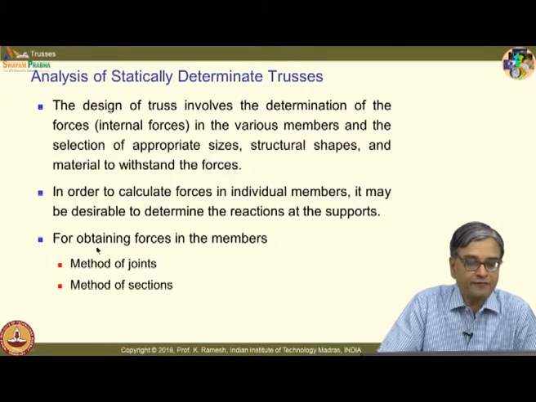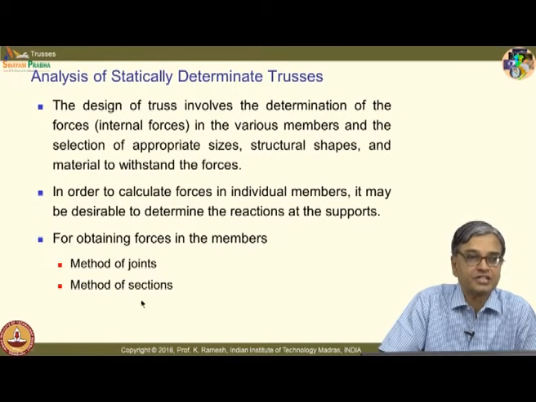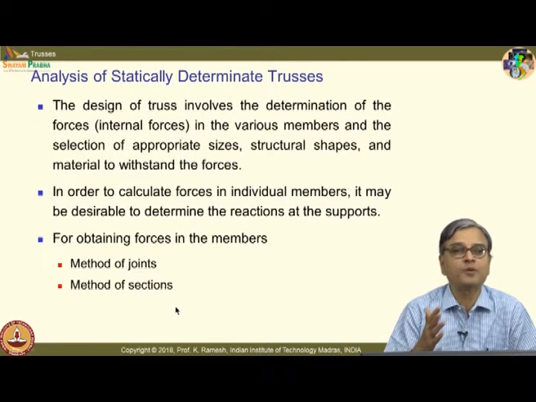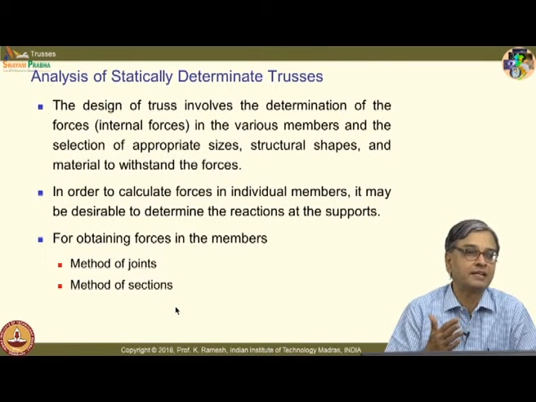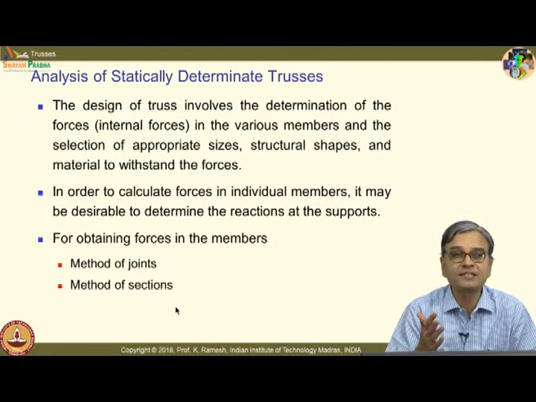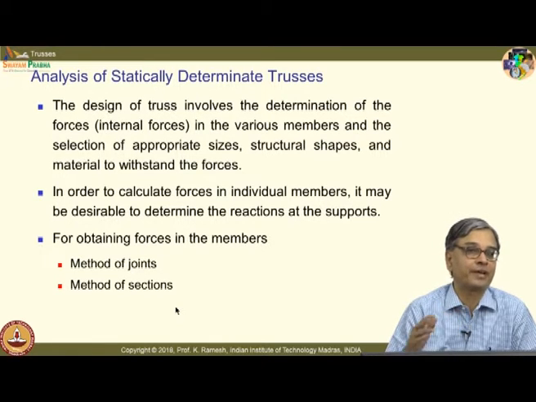And how do you obtain the forces in the members? There are many approaches. You have two of them, method of joints and method of sections. The idea is, to solve a problem, you need to have more than one method. Depending on the context, select that which is appropriate.